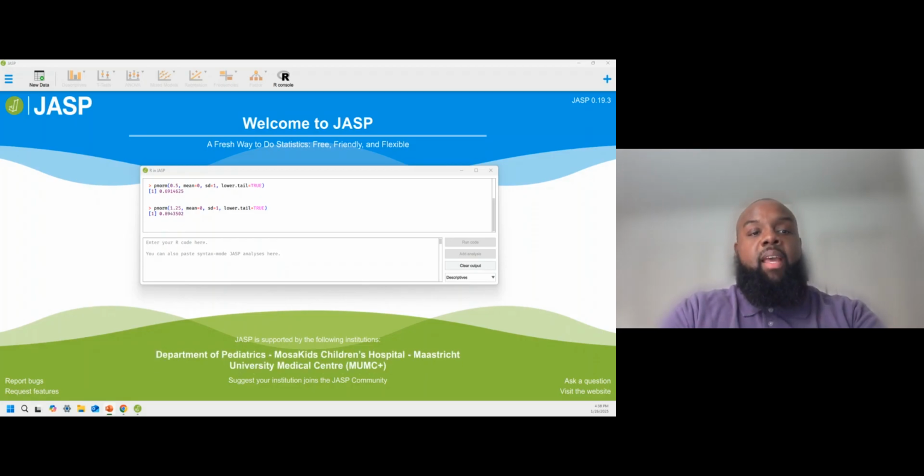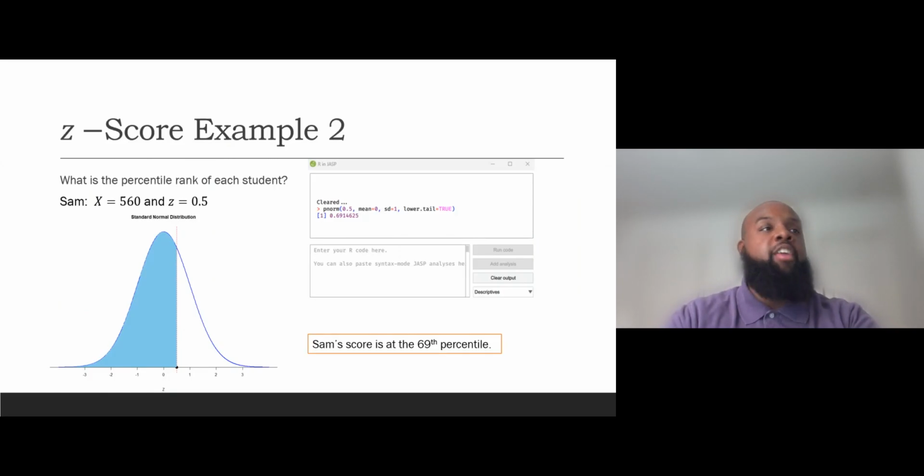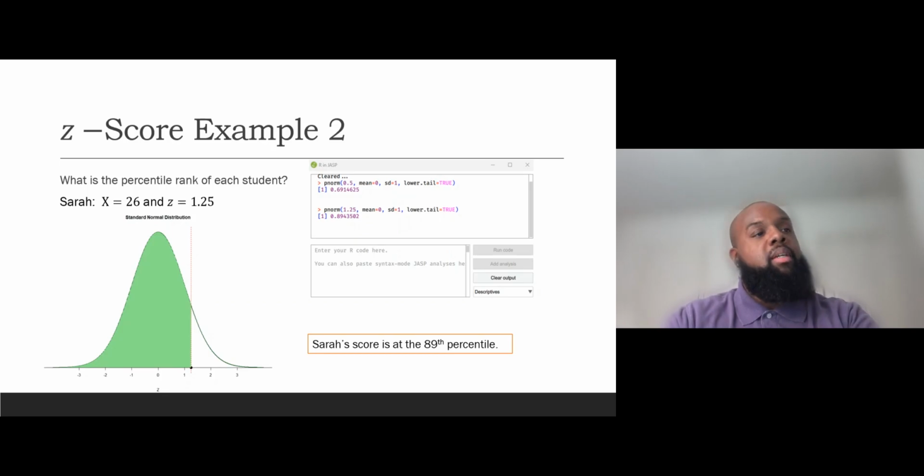All right. And so we can say that Sam's score is at the 69th percentile. And then for Sarah, her score is at the 89th percentile. All right. So that's giving us the cumulative probability, only looking at lower.tail equals TRUE.